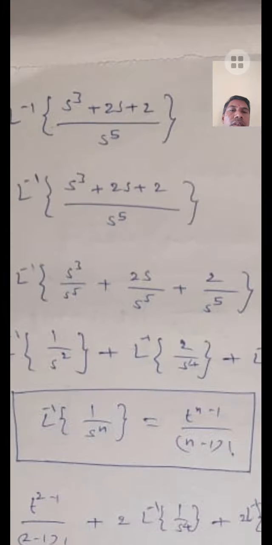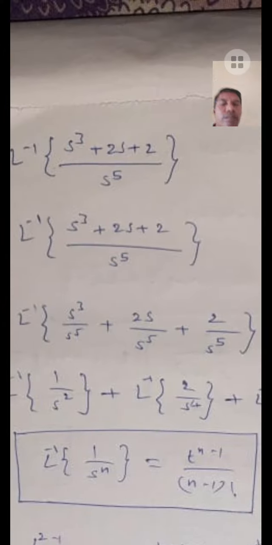So imagine this is a simple problem. Just separate the denominator and apply the formula, only one formula for 3 terms, that is 1 by s power n. Inverse Laplace transformation of 1 by s power n equals t power n minus 1 by n minus 1 factorial.